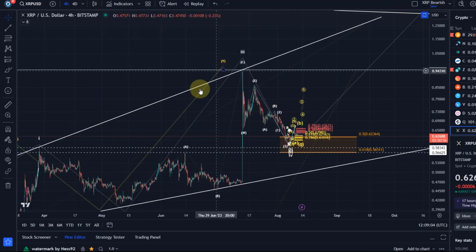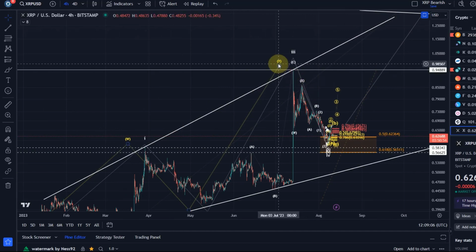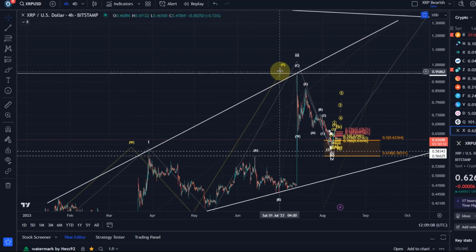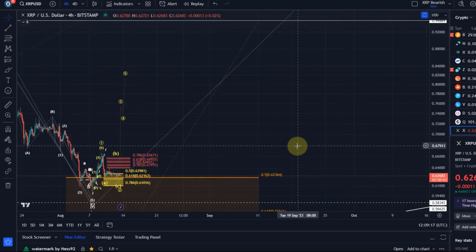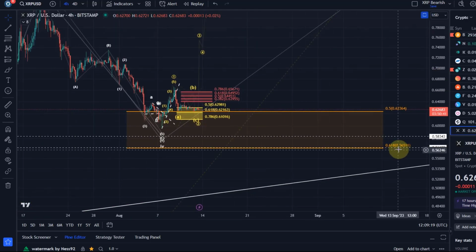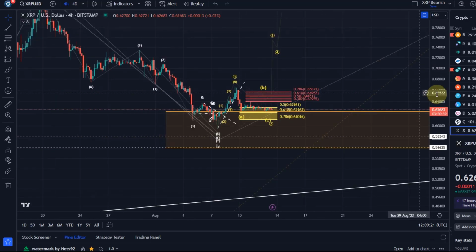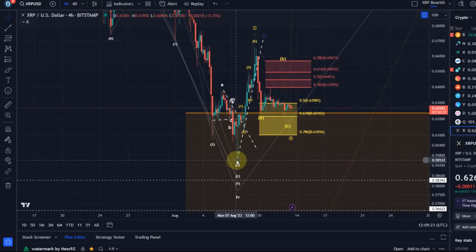If we break below that level, it increases drastically the chances that this was just a WXY structure to the upside and we're going to go to new lows, or at least we're not going to get that 5-wave pattern straight away. For a more bullish perspective short term, we need to hold 56.5 cents. In the very short term, though, it could be that this wave 4 is over.